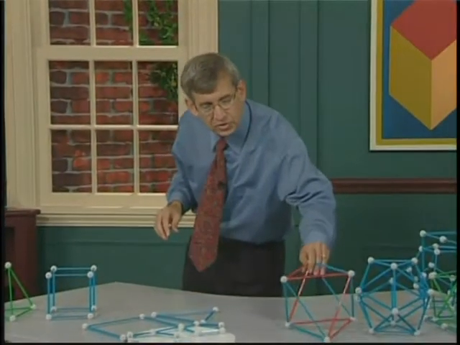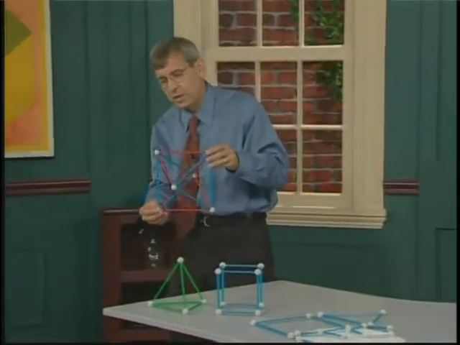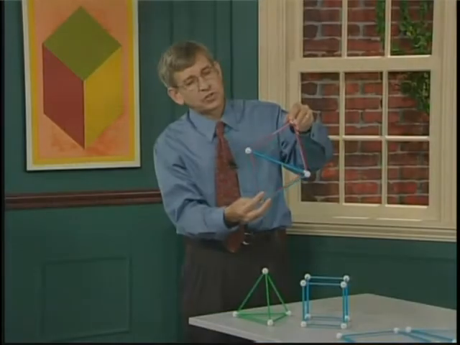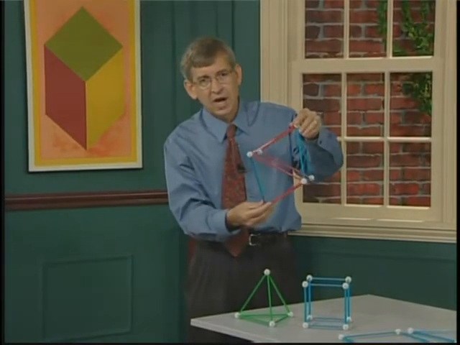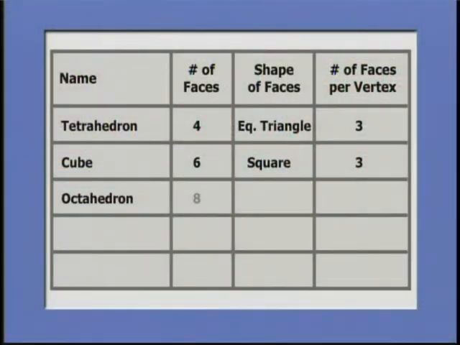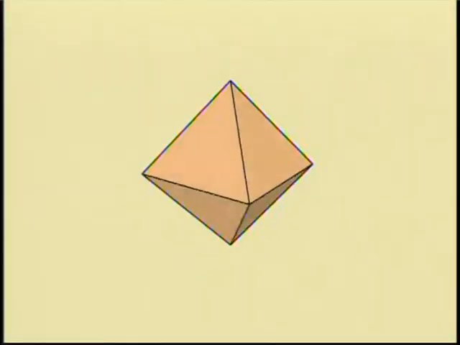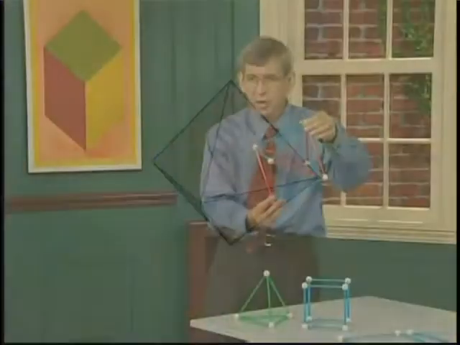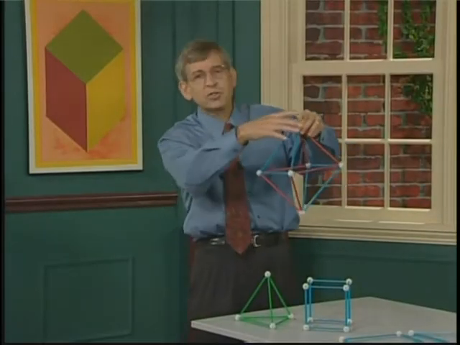The next regular solid is this one. It's called an octahedron. And you can see the Greek roots of these words, octa from 8. It has 8 faces. And each face of an octahedron is, again, an equilateral triangle. And this reminds us of these pyramids again, because if you wish to construct an octahedron, the way you would do it is that you would take 2 pyramids.